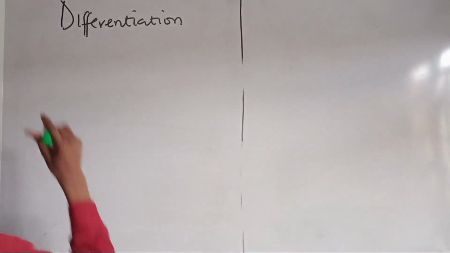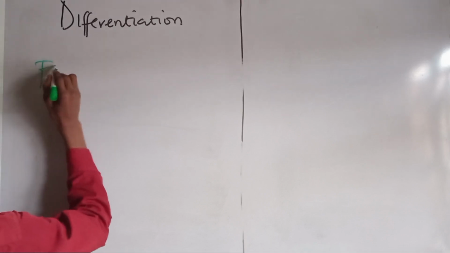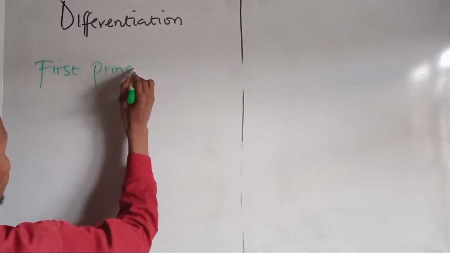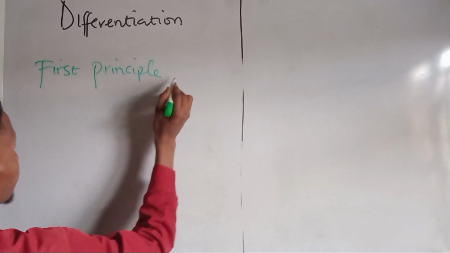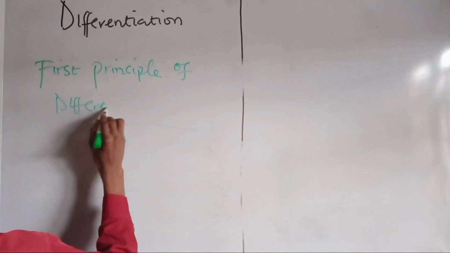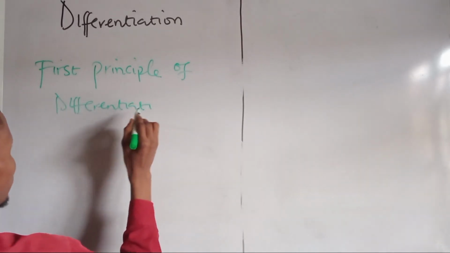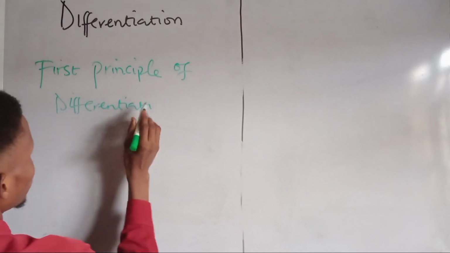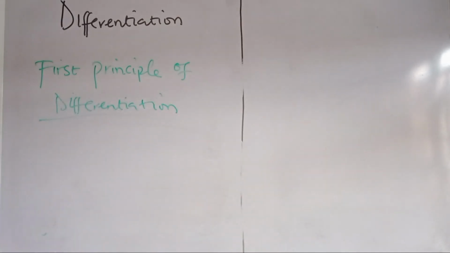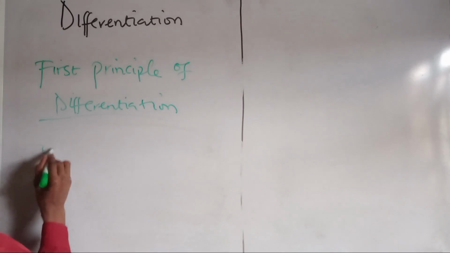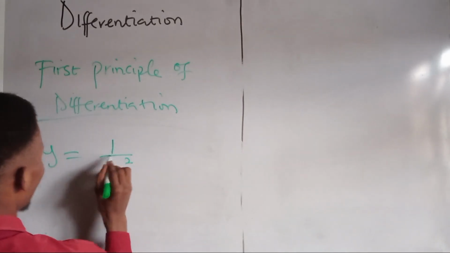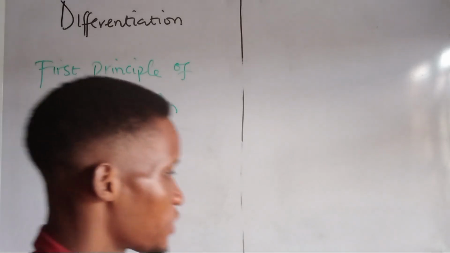Okay, so we're going with first principle of differentiation. Let's say we're given y equals 1 over s squared. We're asked to solve this using first principle.